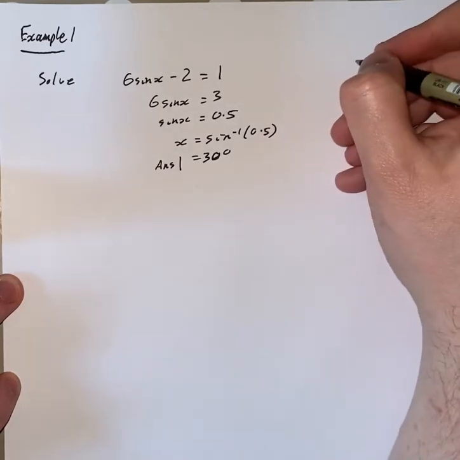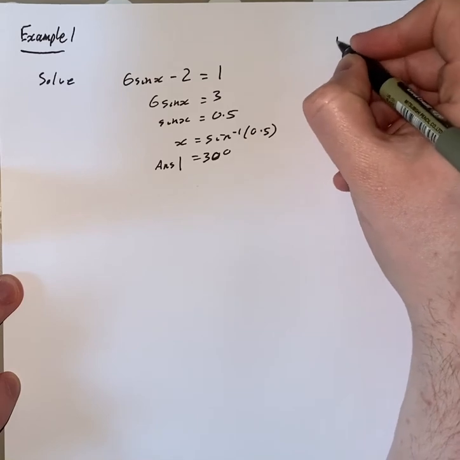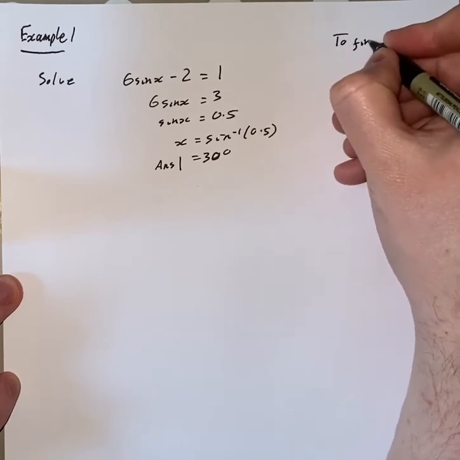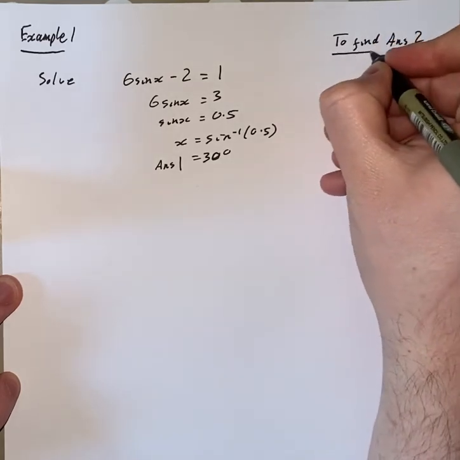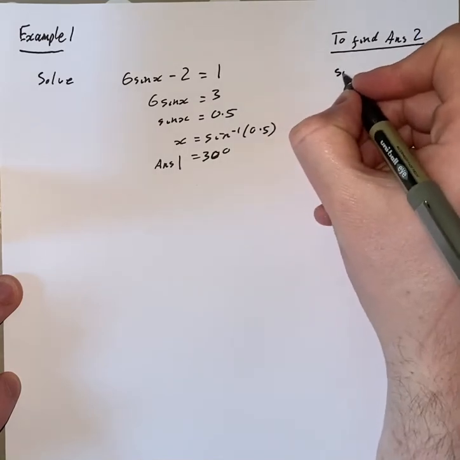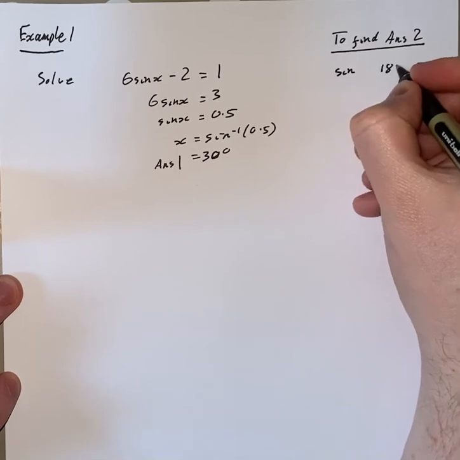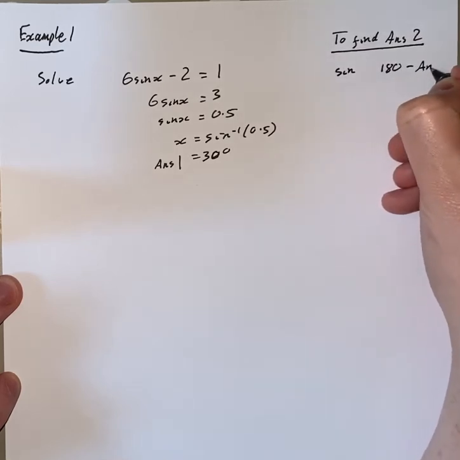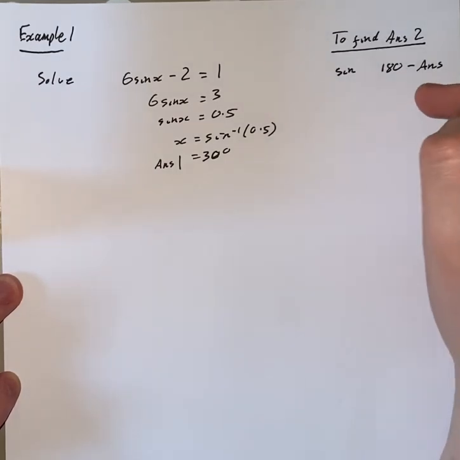What we're now going to do is look at a little table. To find answer 2, if we're looking at sine, then we do 180 minus answer. That answer key on your calculator is going to come in handy here. Always just hit minus and then the answer key on your calculator is going to solve it for you.